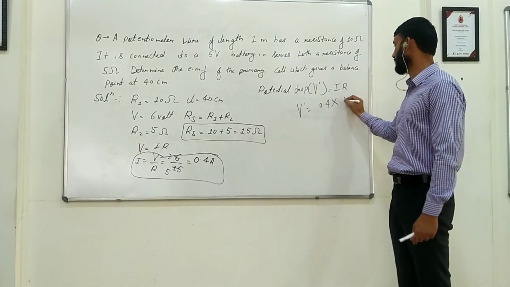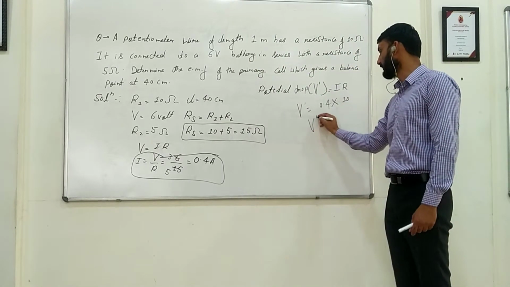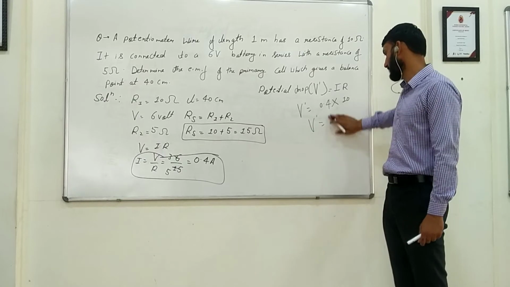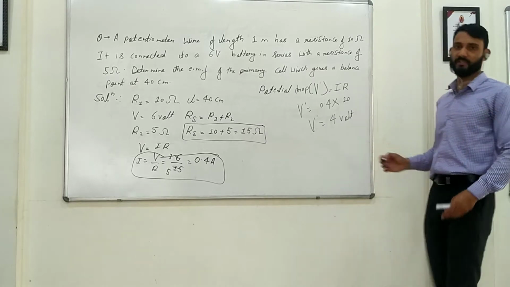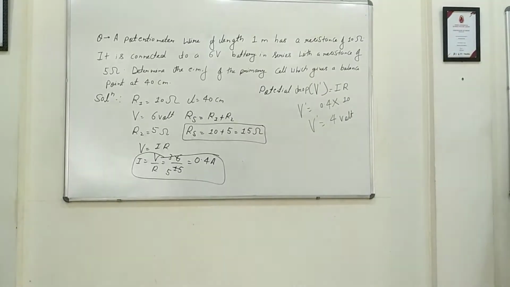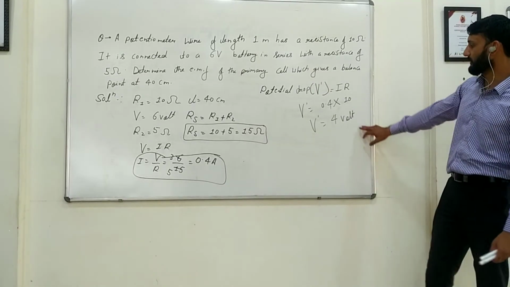Potentiometer wire has a resistance of 10 ohm. So this is voltage drop, which is 4 volt. So potential drop is 4 volt.